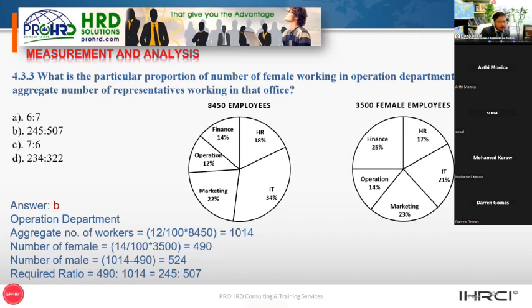Then we looked at the number of females, 3,500 females. From that we took 14%. So that is 490. So we come out with the required ratio: 490 is to 1014. If you further divide both sides by 2, you will get 245 to 507.